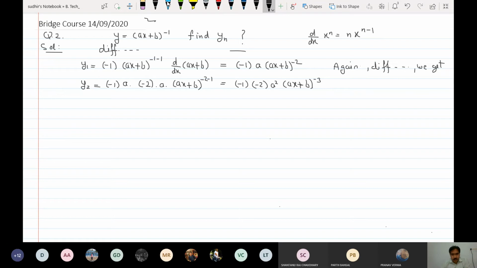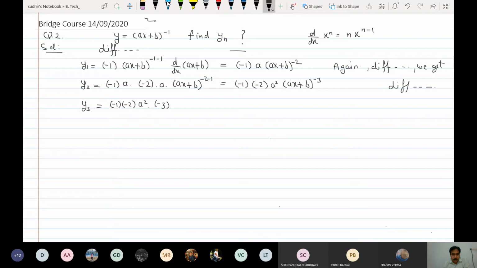Again it is a differentiable function, so we can write y3. So differentiating again we get y3. Now minus 1 minus 2 is already there, then a square is already there, and then we'll apply the formula.